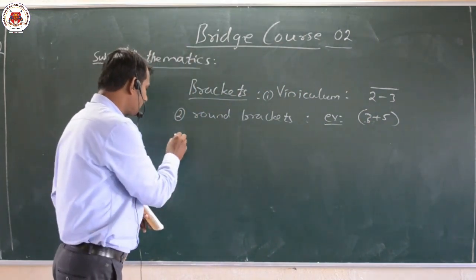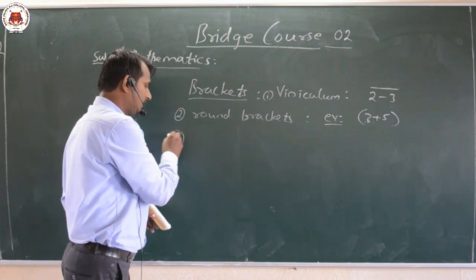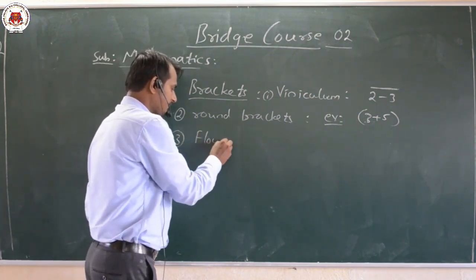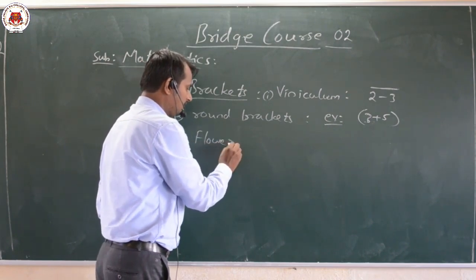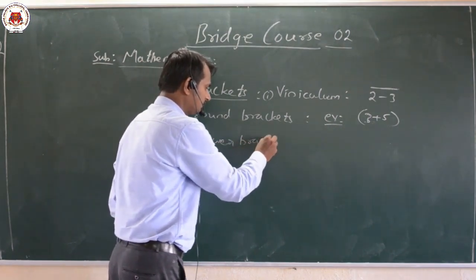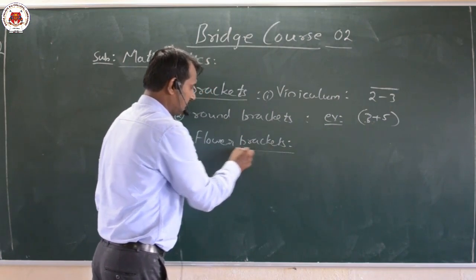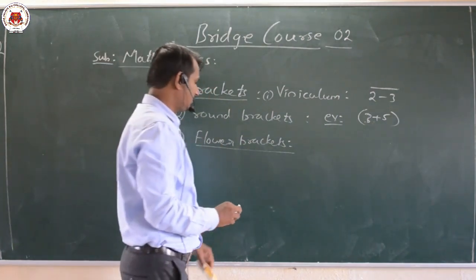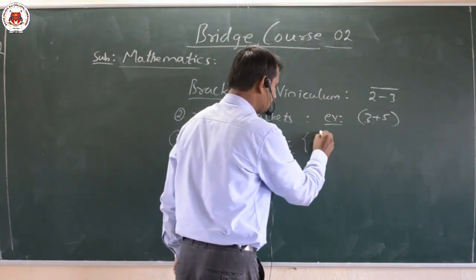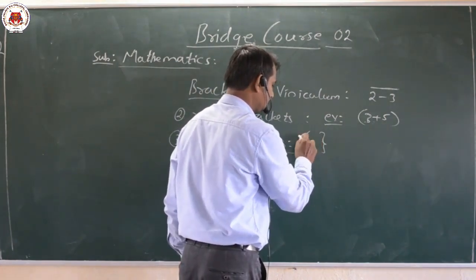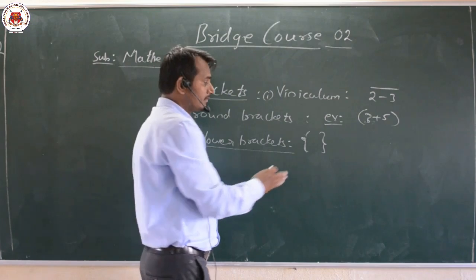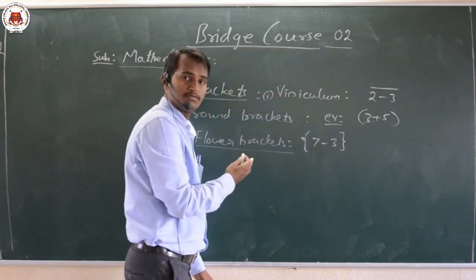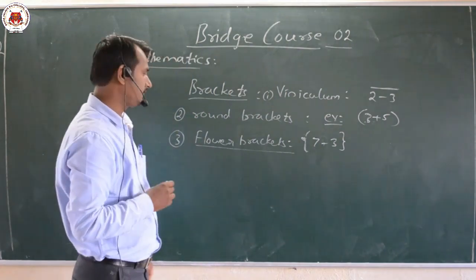After the round brackets, the third one is the flower brackets. In this particular format, for example 7 minus 3, 5 plus 2 in flower brackets.